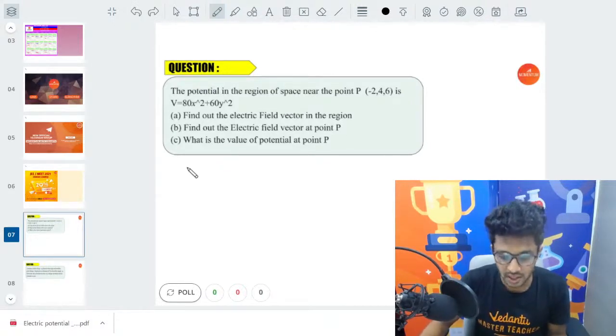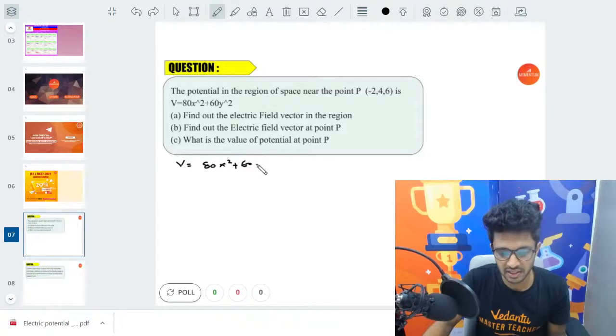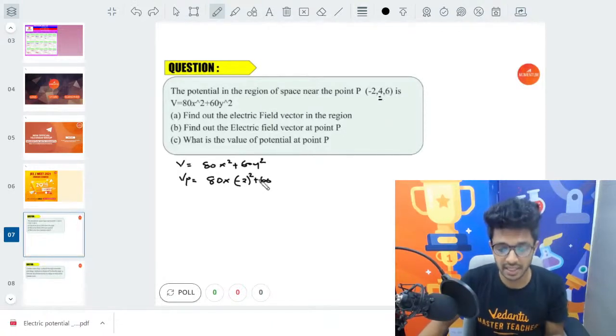How can you find the value of the potential if the coordinates of the point are given? It's very simple, because you know that the potential V = 80x² + 60y². To find the potential at the point P, substitute the coordinates: x = -2, so 80 into (-2)², plus 60 into y², where y = 4.